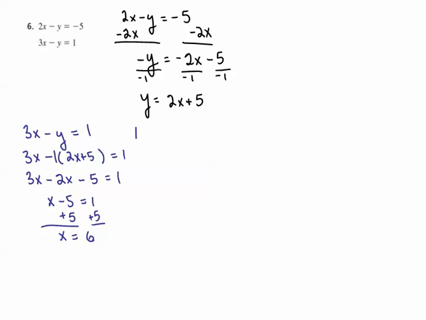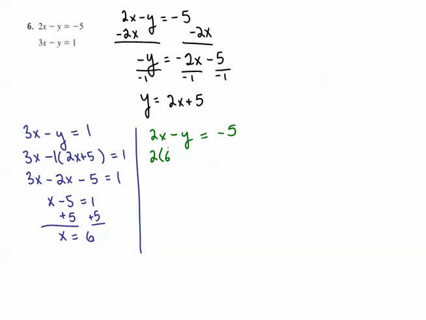Okay, first part is done. Second part, I've used the first equation, then used the second equation. I can use either equation now to plug in x equals 6. I'll go ahead and use the first one. Doesn't matter. 2x minus y is equal to negative 5.